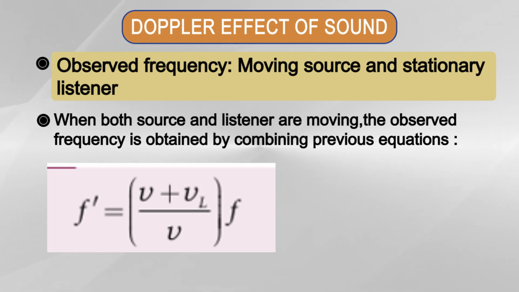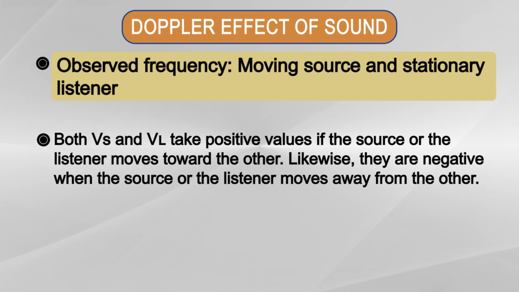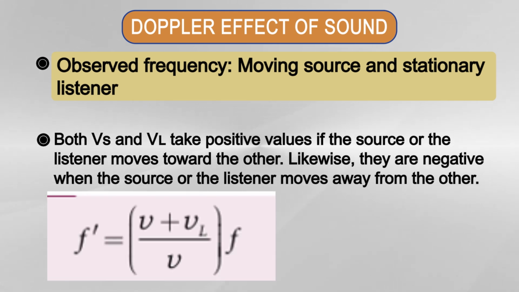Here VL is the velocity of the listener and Vs is the velocity of the source. These are taken as positive values if the source and listener move towards each other, and likewise negative when they move away from each other. So, if the direction changes, then we change the sign. So f prime is equal to (V plus VL) upon (V minus Vs) multiplied by f.